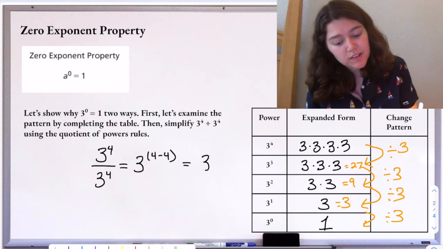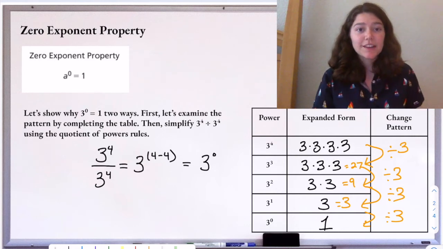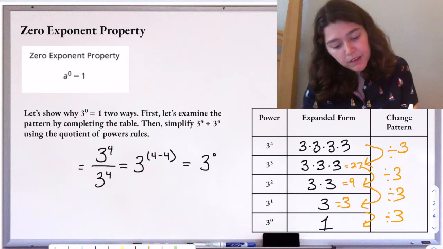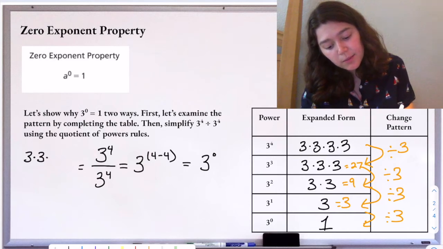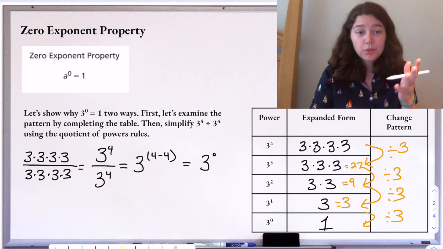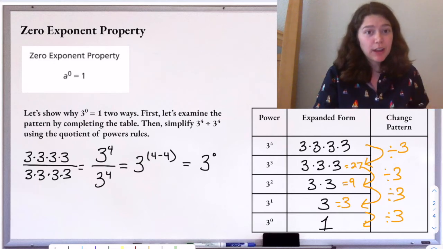The quotient of powers rule says that's equal to 3 to the power of 0, because 4 minus 4 is 0. However, if I go into expanded form, 3 to the power of 4 is 3 times 3 times 3 times 3. And of course, it is the same again in the bottom. So now I have 3 times 3 times 3 times 3 divided by 3 times 3 times 3 times 3.